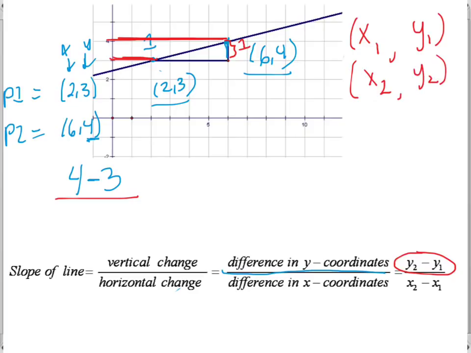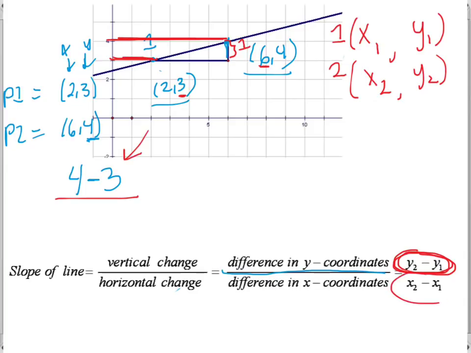When you have this little 2 as a subscript, we call it sub. So this is point number 1, this is point number 2. What I just found was y2 minus y1: I took the y coordinate of the second point and subtracted the y coordinate of the first point, which was 4 minus 3.